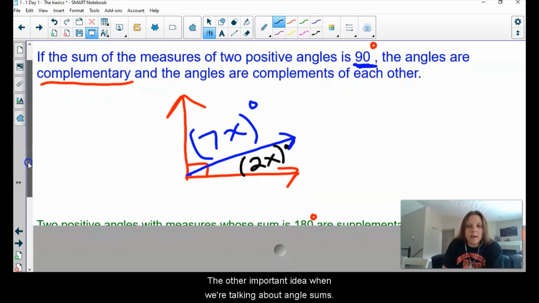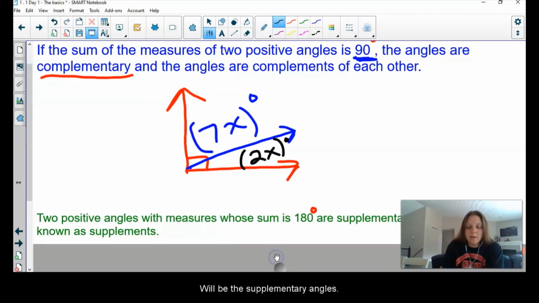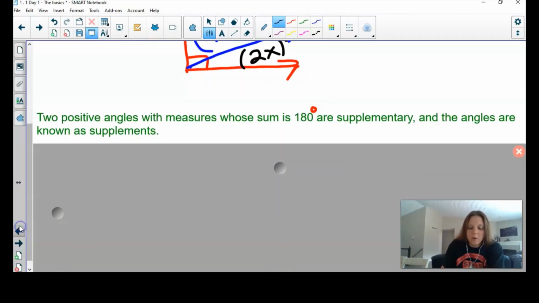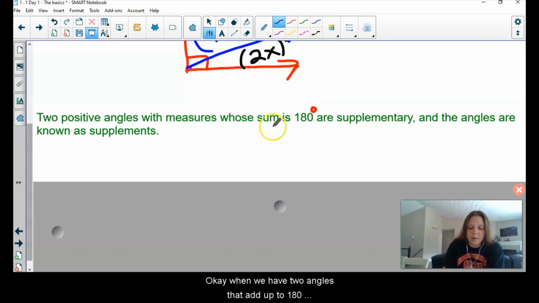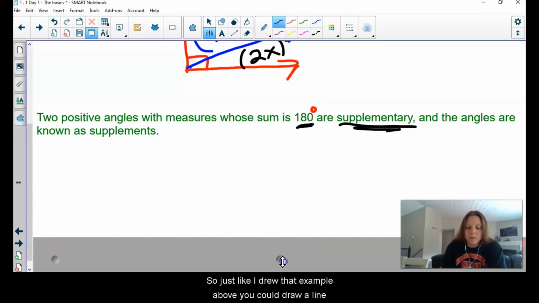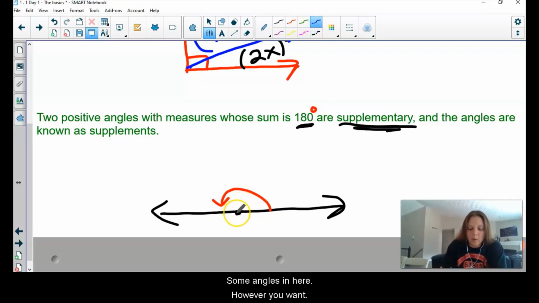The other important idea when we're talking about angle sums will be supplementary angles. When we have two angles that add up to 180 degrees, they are supplementary, and the angles are known as supplements. So just like I drew that example above, you could draw a line, and you could draw some angles in here, however you want.